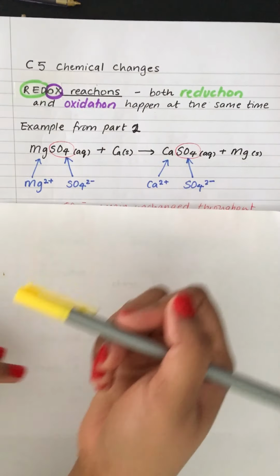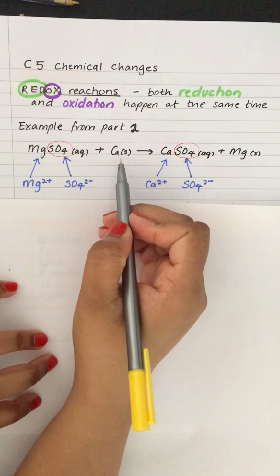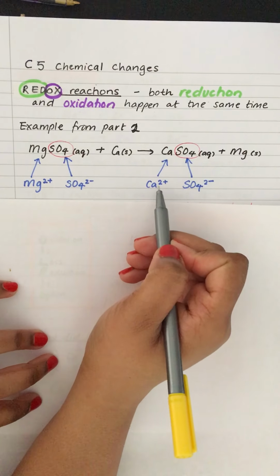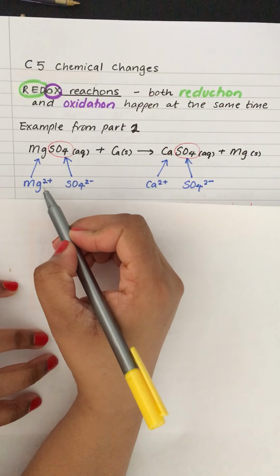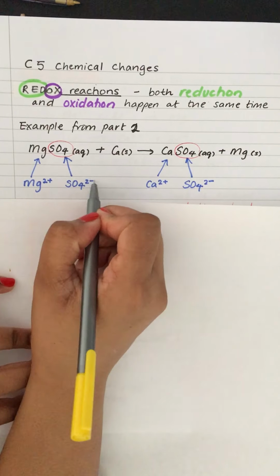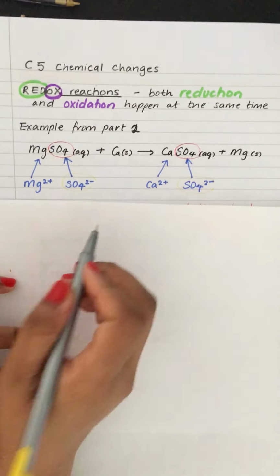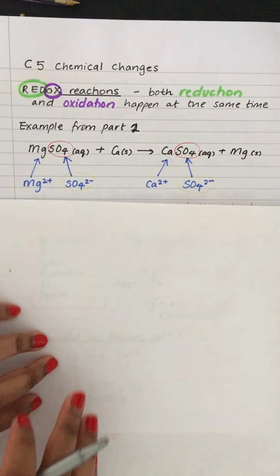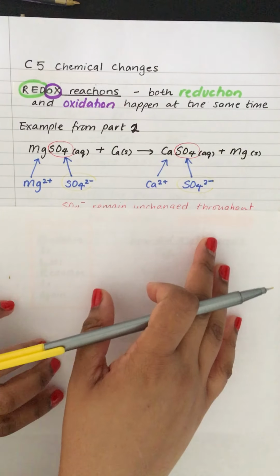Now one thing you'll recognise is that the charges of our metals change. So calcium changes into an ion and the magnesium ion changes into an atom, but what does not change is the charge on the sulfate. We give these types of ions a special name.